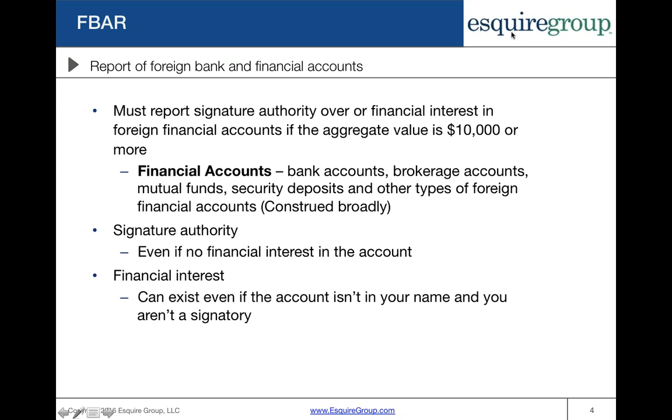Now that we've talked about what signature authority is and what a financial interest is, let's talk about what a foreign financial account is, because there's a very common misconception that a foreign financial account is simply a bank account or a brokerage account. Bank accounts and brokerage accounts are definitely foreign financial accounts, but the term is very broad and encompasses a lot of different types of accounts.